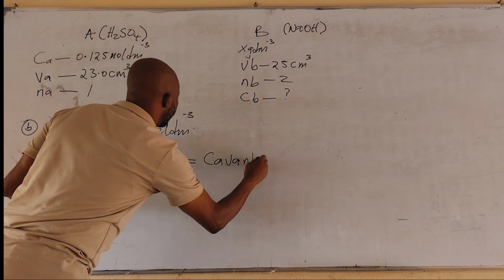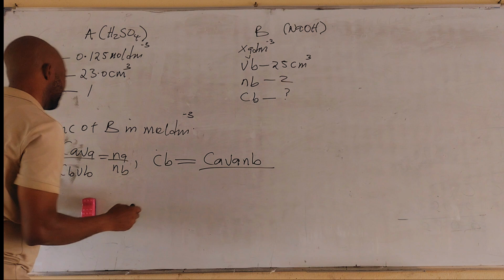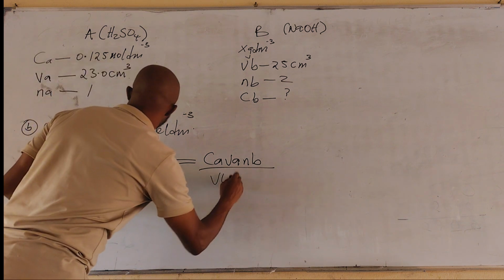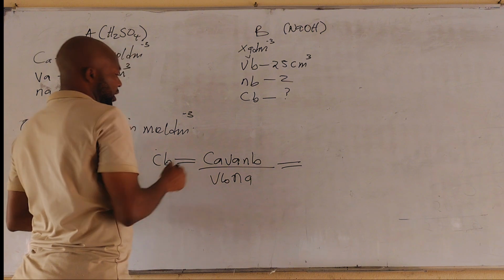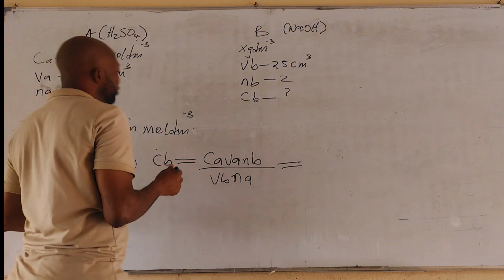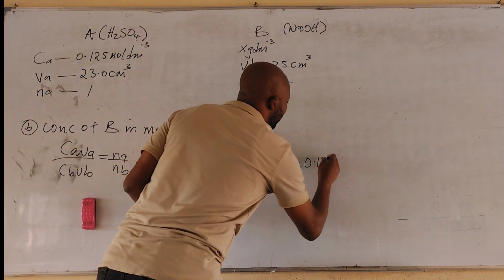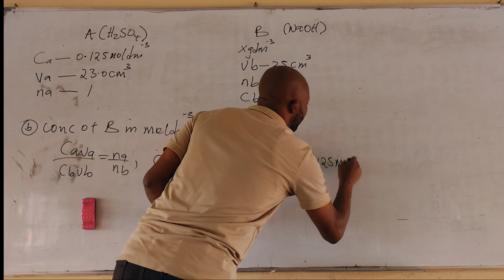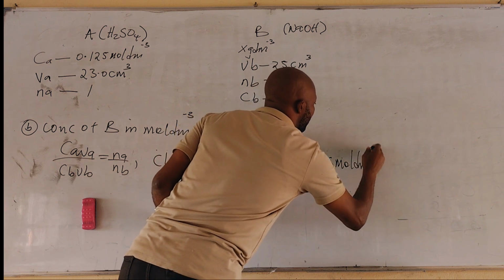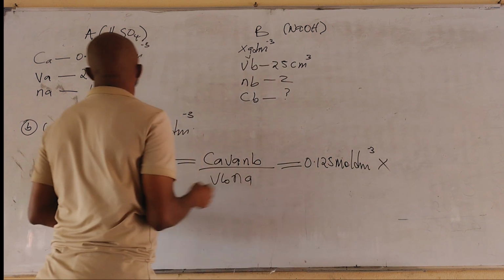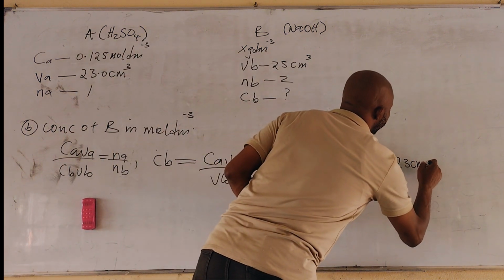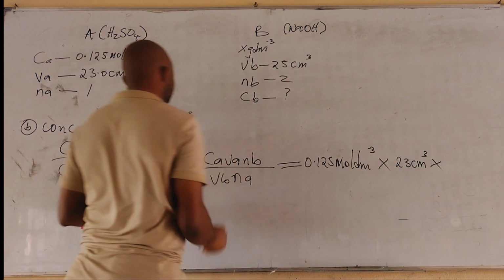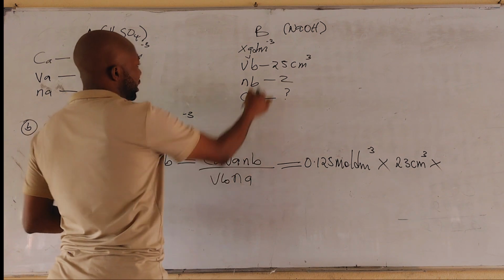I have CB equals CAVANB over VBNA. And this is equal to, concentration of the acid is 0.125, so I have 0.125 mole per dm cube times volume of the acid is 23 cm cube times number of moles of the base NB is 2.